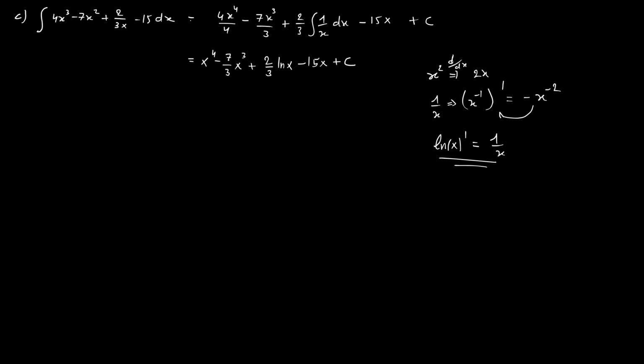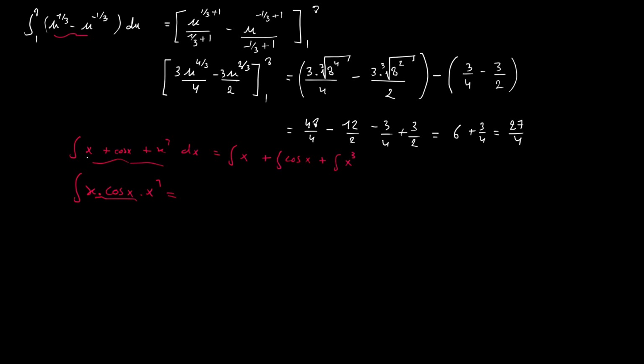Then let's do D. Here we get the integral of 2 to the power of x times 3 to the power of 2x times 5 to the power of 3x dx. And here we run into the problem I was just talking about. We cannot simply chop them up. We cannot say the integral times the integral times the integral, because what you're doing here with a sum is adding surfaces together, which is fine.